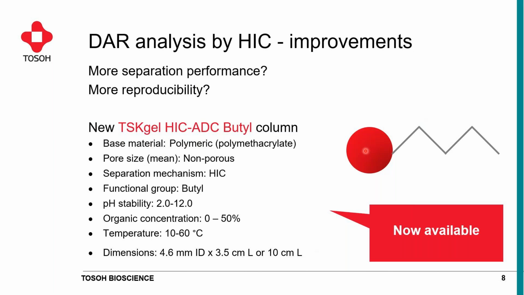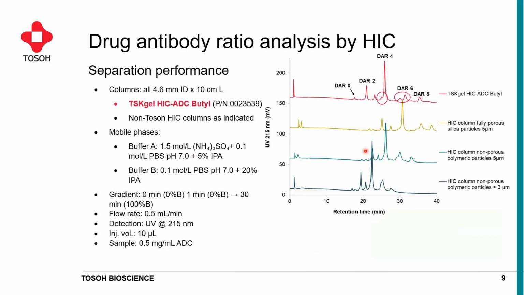And the separation performance, which we mainly achieved by allowing for homogeneous particles and a good packing quality. And this is something that we can see here. I not only want to talk about it, I also want to show you that we actually get a very good separation performance with this new column.